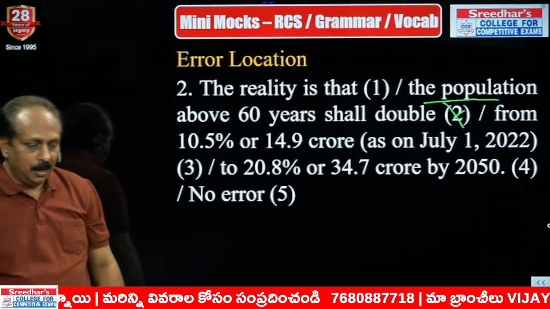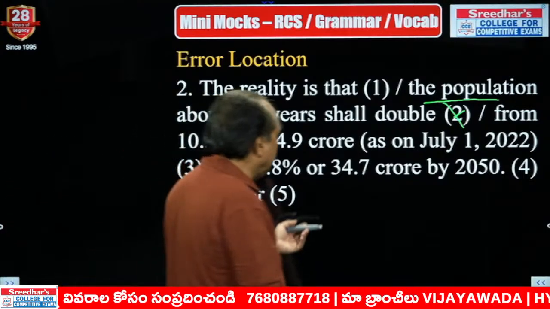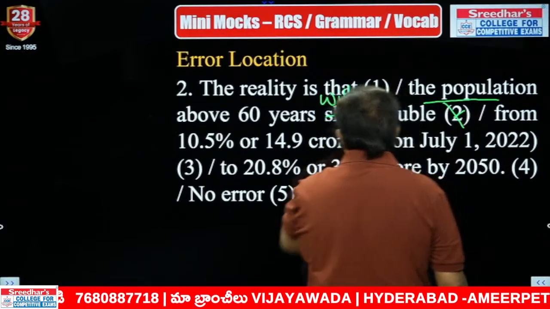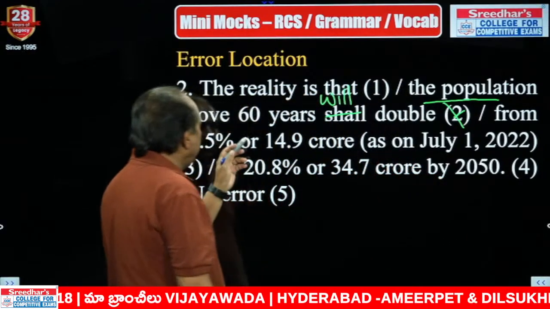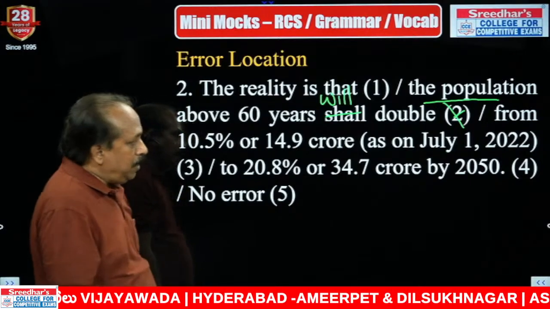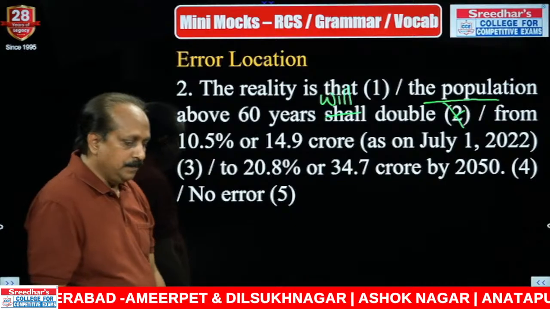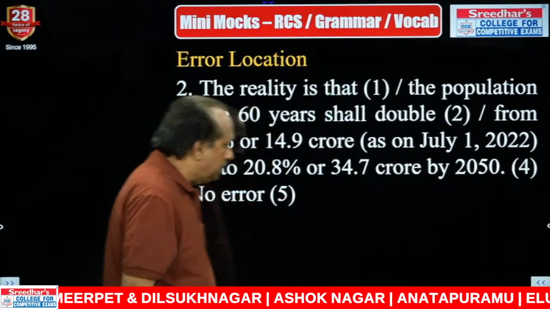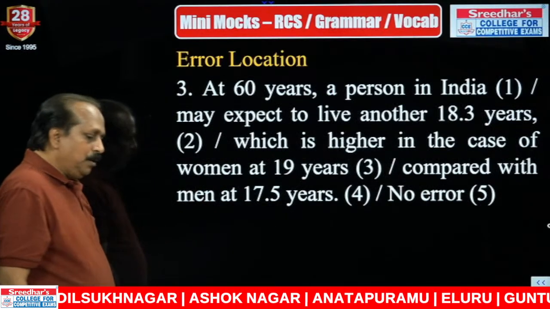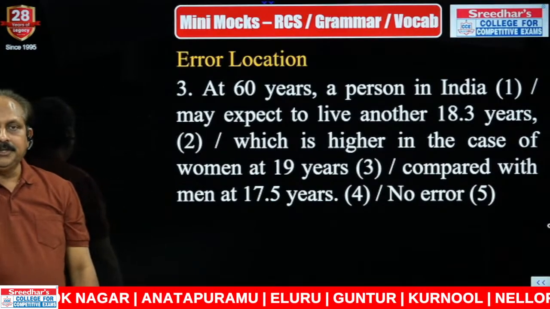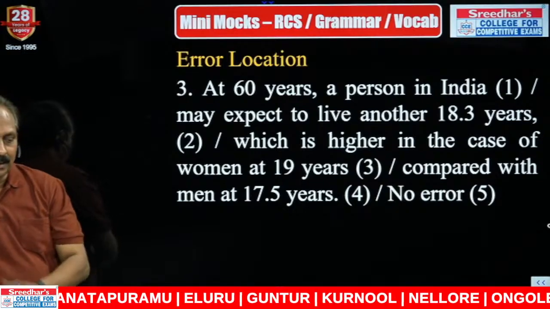We cannot use shall. Based on that, here, shall is not correct. It should be: the population above 60 years will double. Will is the appropriate helping verb. They have given this important rule many a time.